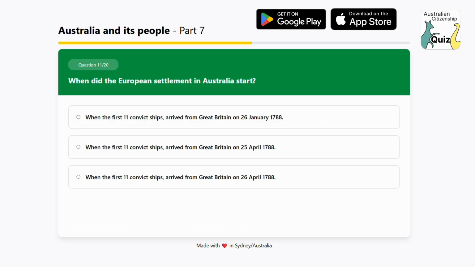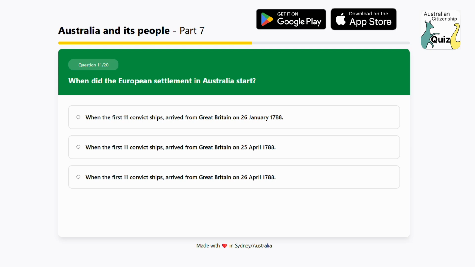When did the European settlement in Australia start? Option 1, when the first 11 convict ships arrived from Great Britain on January 26, 1788. Option 2, when the first 11 convict ships arrived from Great Britain on April 25, 1788.